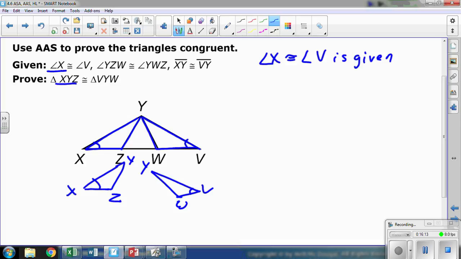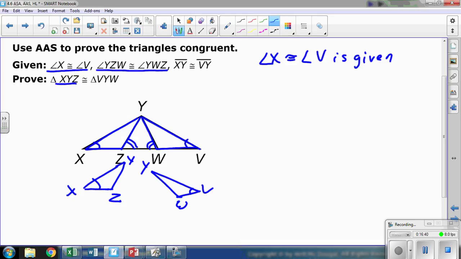Okay, so right there, we've got our first pair of angles: YZW congruent to YWZ. That's telling us YZW congruent to YWZ. We've got those two pieces being congruent.